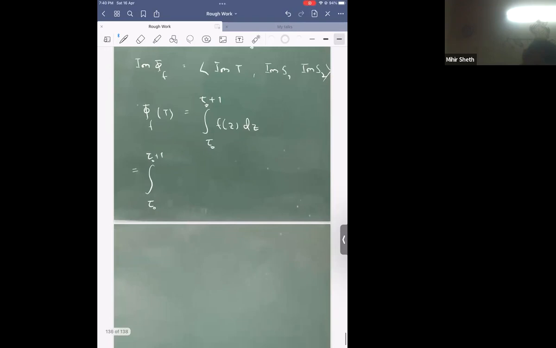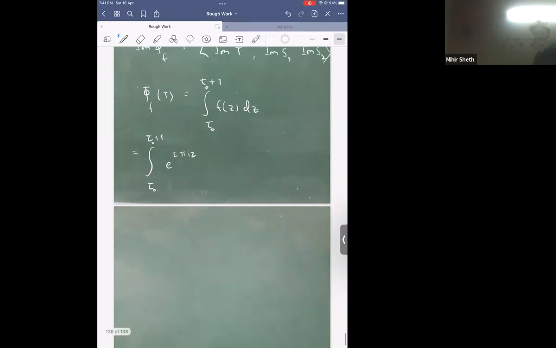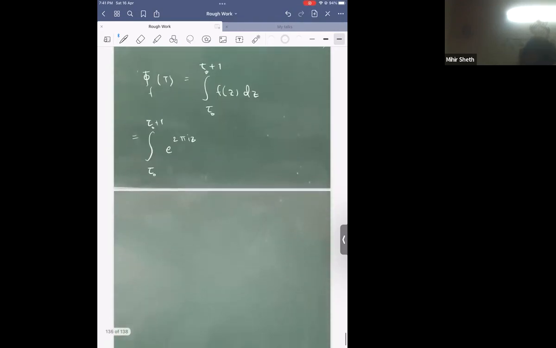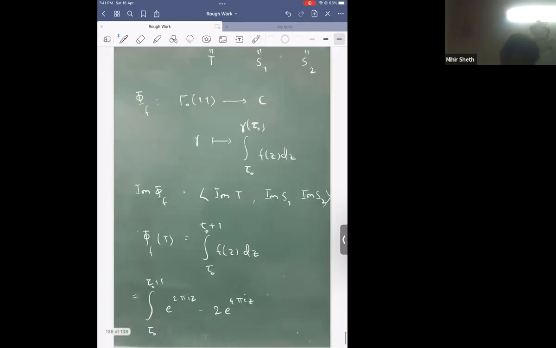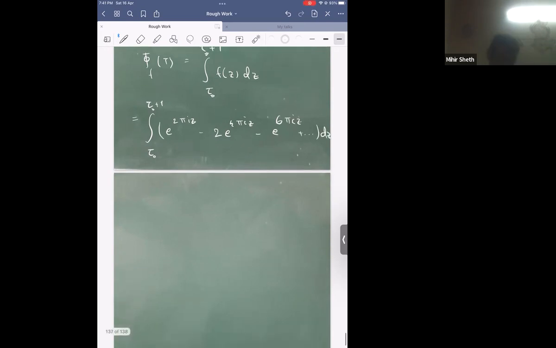So f has a form of some e^(2πiz) minus 2e^(4πiz) minus q cube, so that is e^(6πiz) and so on, plus dot dot dot dz, right?